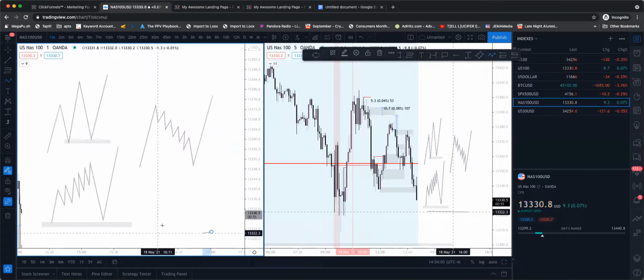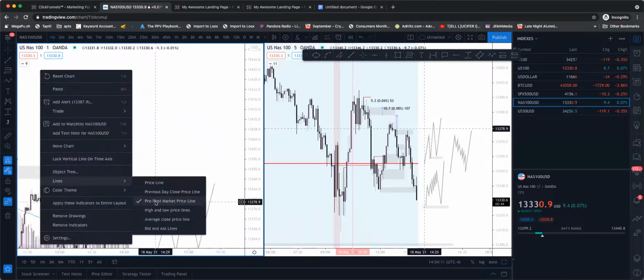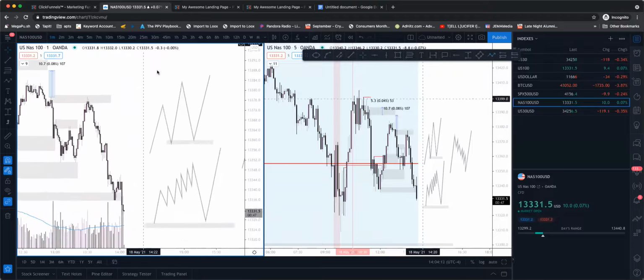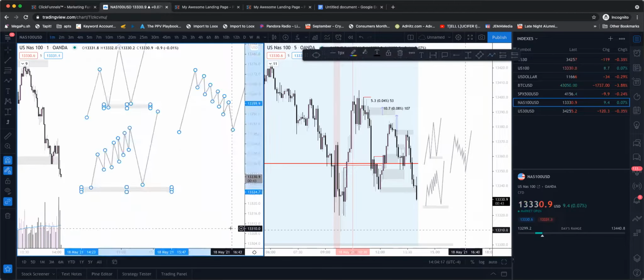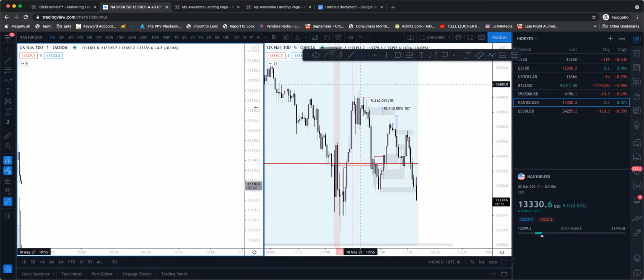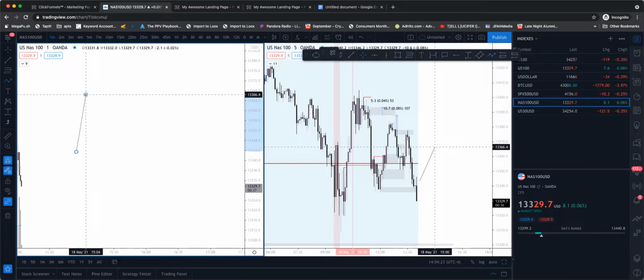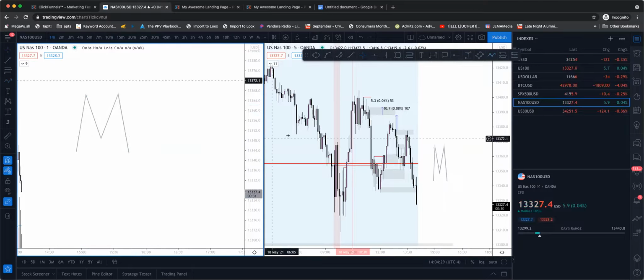Now, as far as entries not to take, right? An entry not to take would be like this. And I'll give you a second to understand why you wouldn't take this, right?